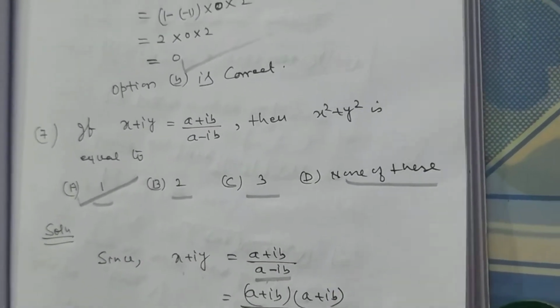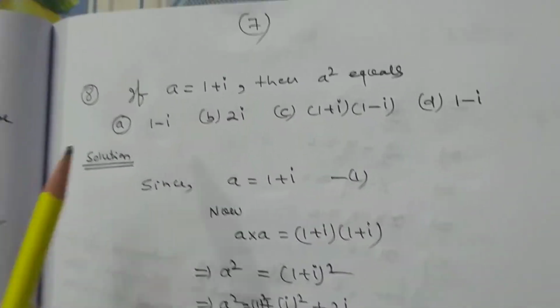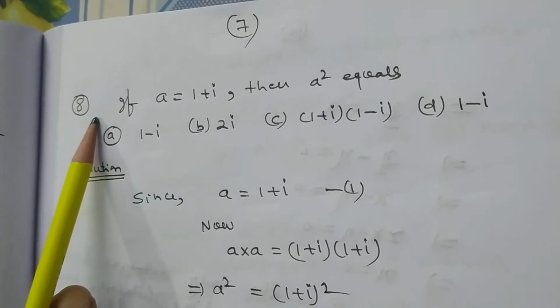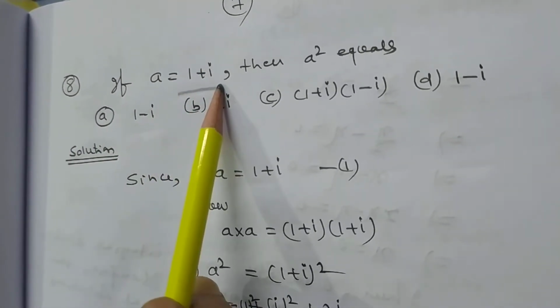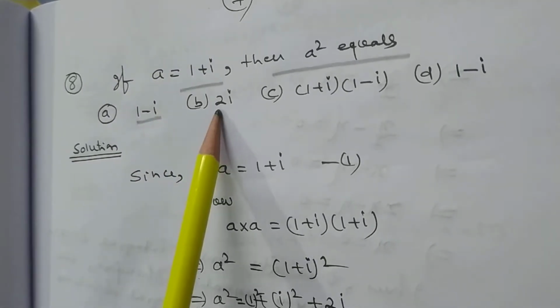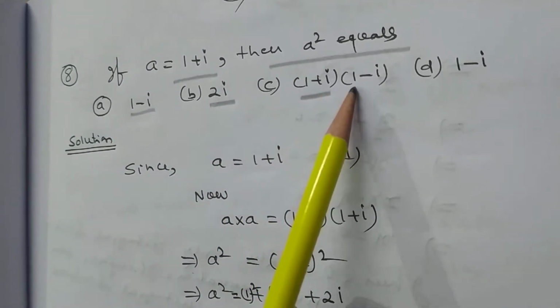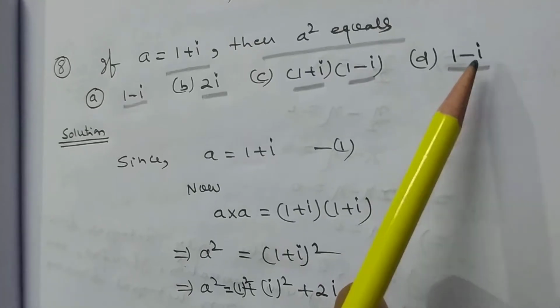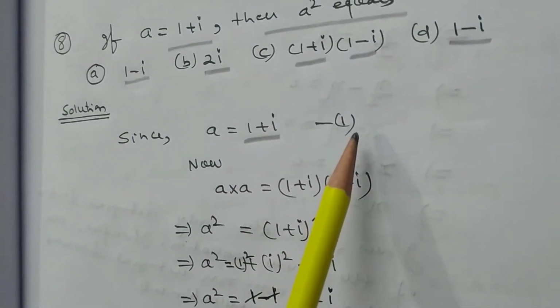A is 1. So now, my dear student, I want to solve problem number 8. The problem is: if a is equal to 1 plus i, then a squared equals: 1 minus i, 2i, 1 plus i into 1 minus i, or 1 minus i. Suppose a is equal to 1 plus i.